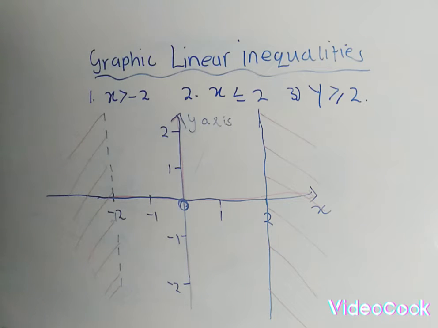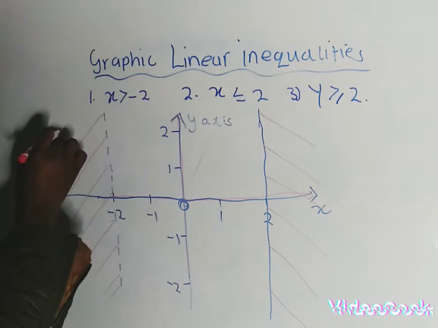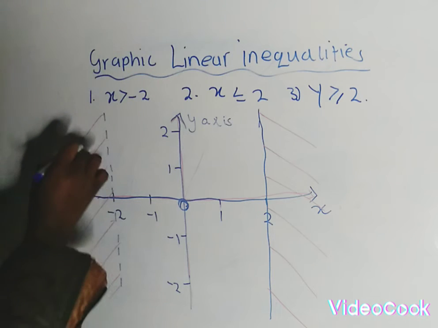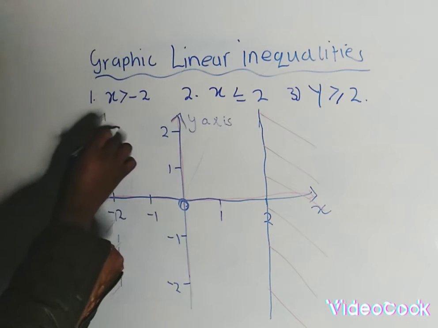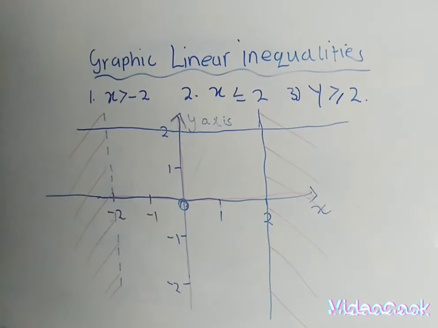Then our last question, where they said we must draw y is greater than or equal to 2. For y greater than or equal to 2, we draw a solid horizontal line because we are on the y-axis now. So on the y-axis, we draw a solid line at 2 like that. It's going to be a horizontal line.